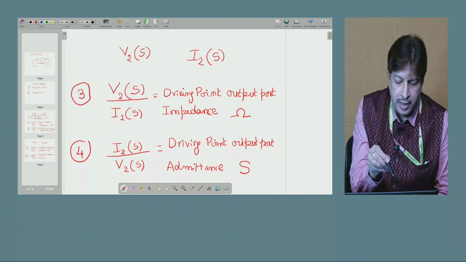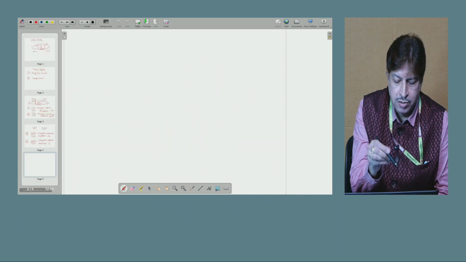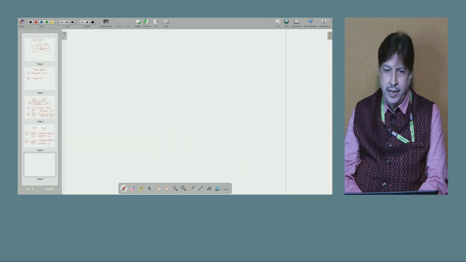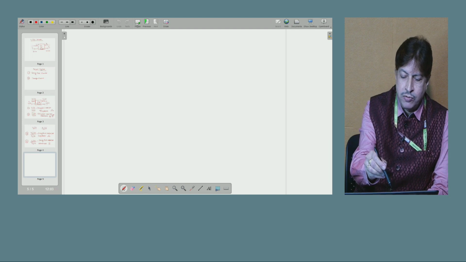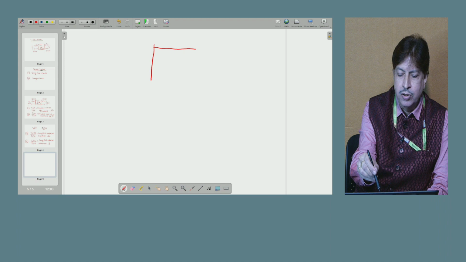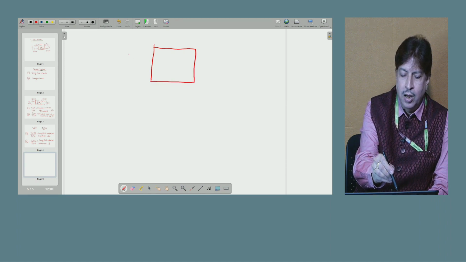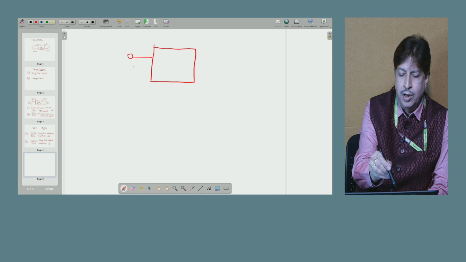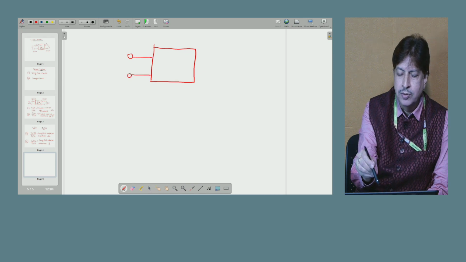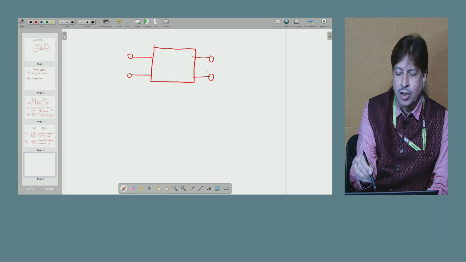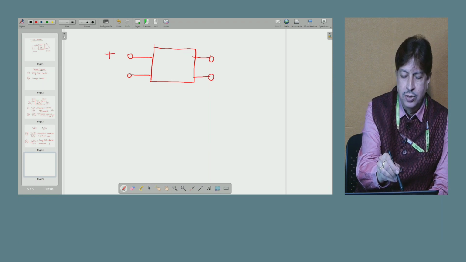Now, let us discuss what the various transfer functions are that we can have for a two-port network and how to give an appropriate name to each of these transfer functions.